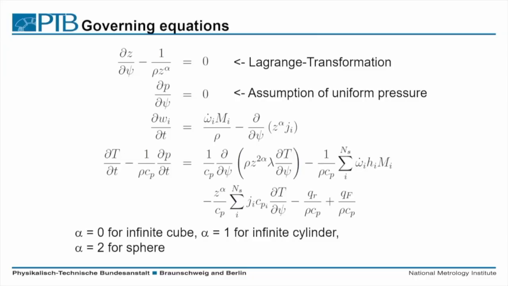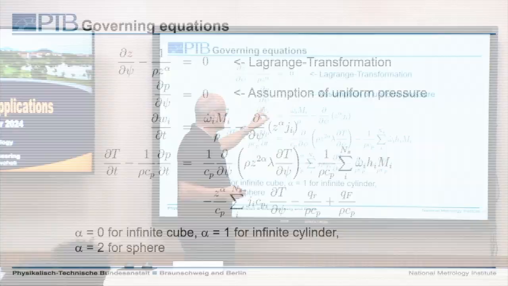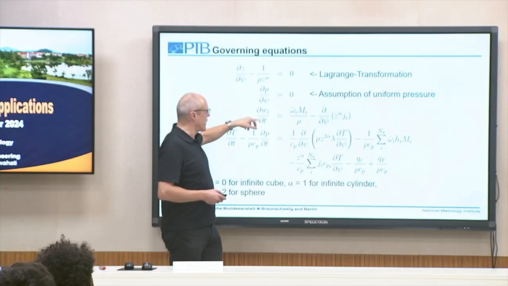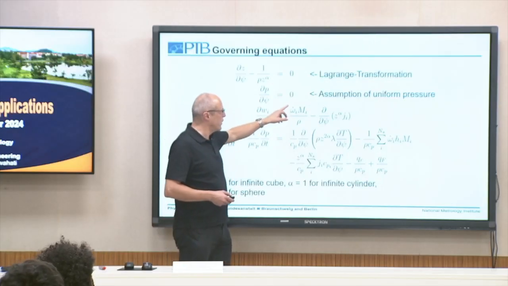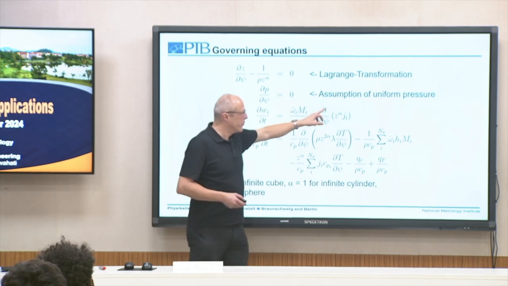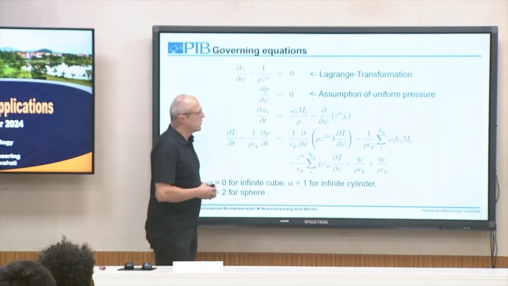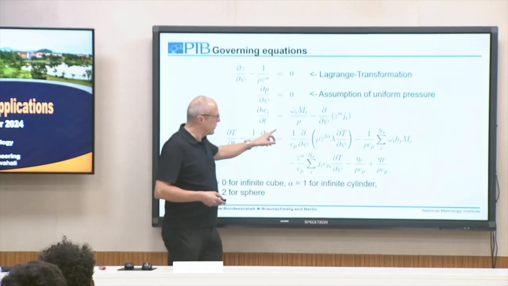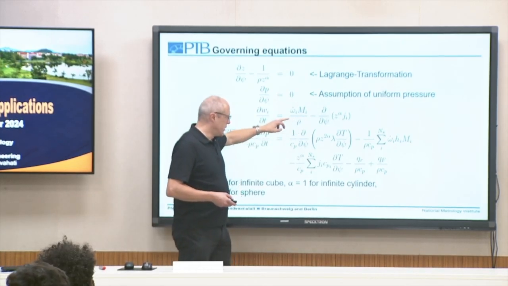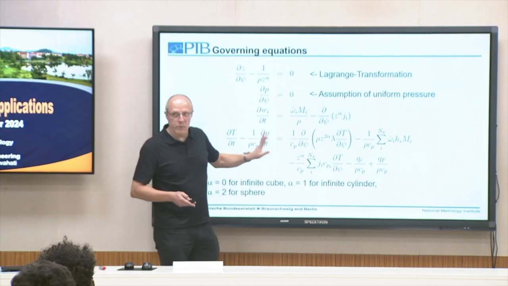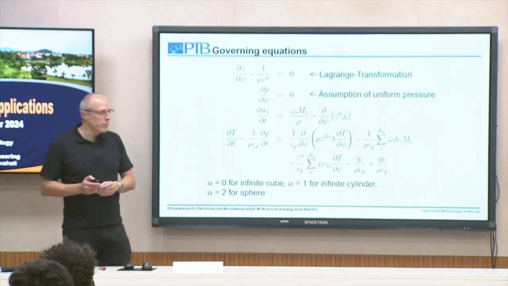The temporal change of mass fraction and temperature can be described again with the part of the equations we have discussed before. Here for the mass fraction of species i, for example, again the chemical source term, and here the diffusion flux, and here again the heat conduction and so on. So this we have discussed already in detail before.